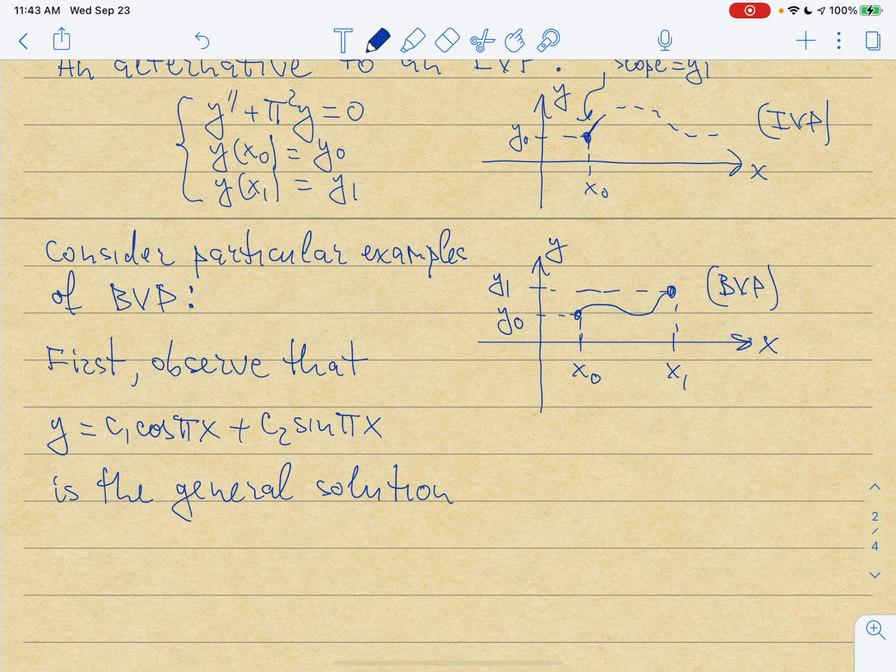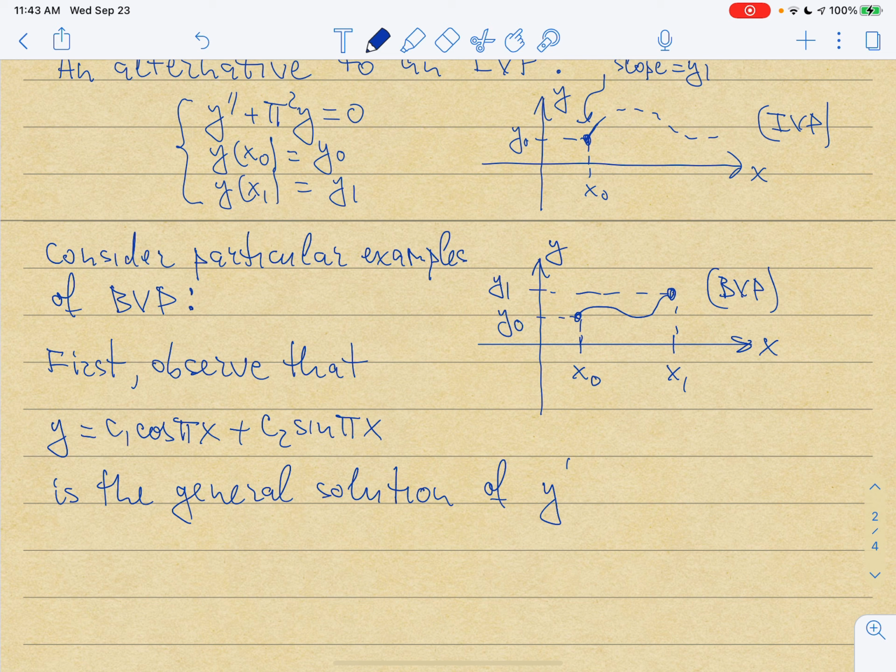Not of the initial value problem, but of the ODE y double prime plus pi square y equal to 0. So we check that in the usual way, right?